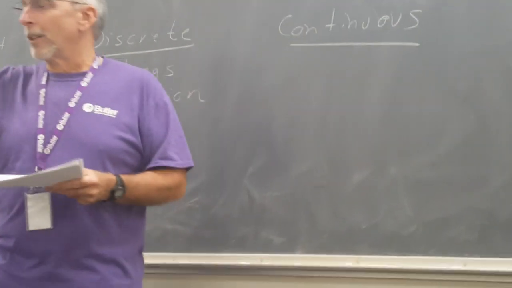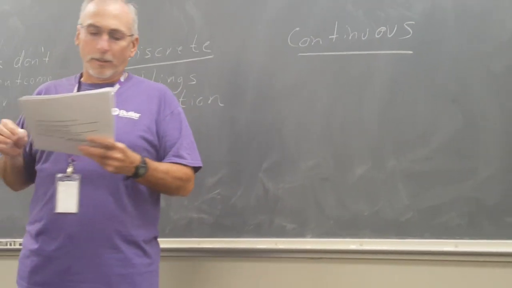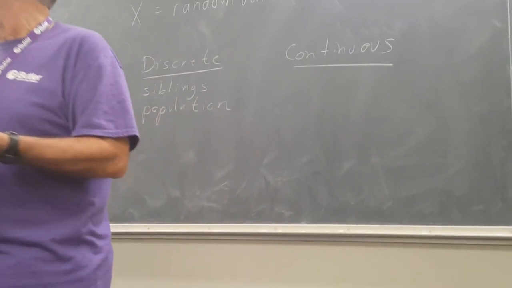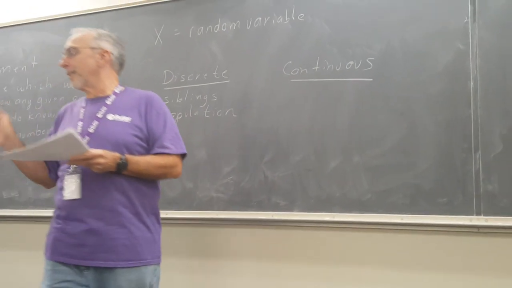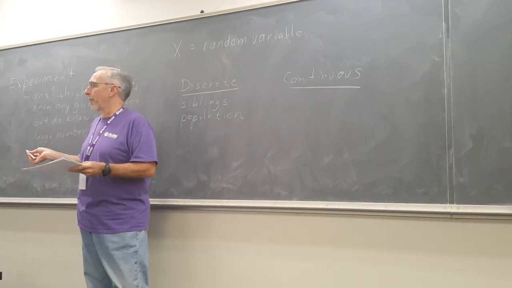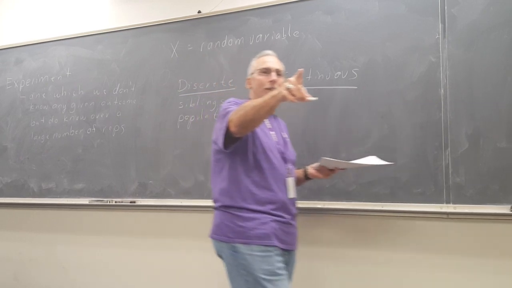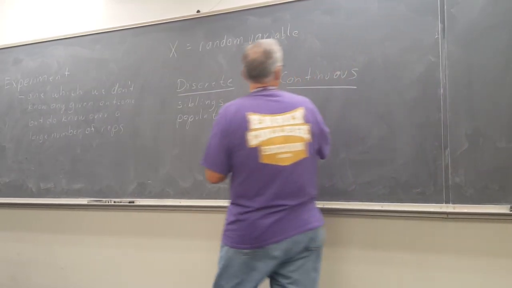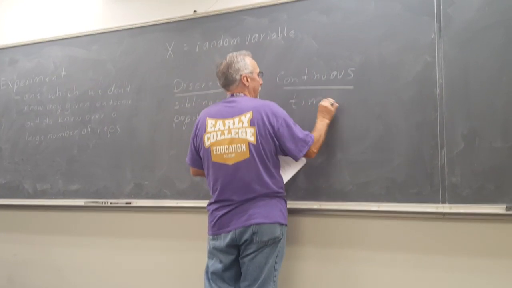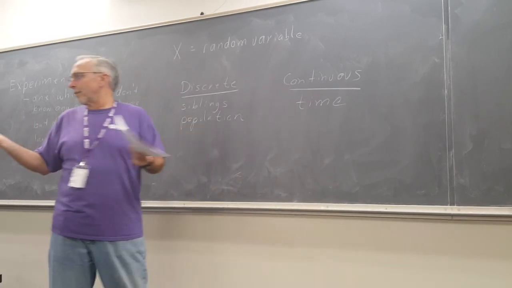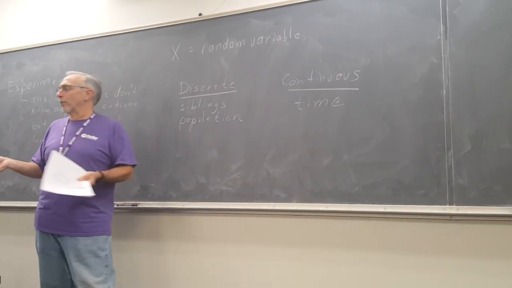I'm 5'9". But height we could carry out to as many decimals we wanted. Same thing with range. What's a couple other continuous random variables? Time. Say it again? Time. Time, thank you. Time. Right, again, we round. We don't carry it out, but time's another one.